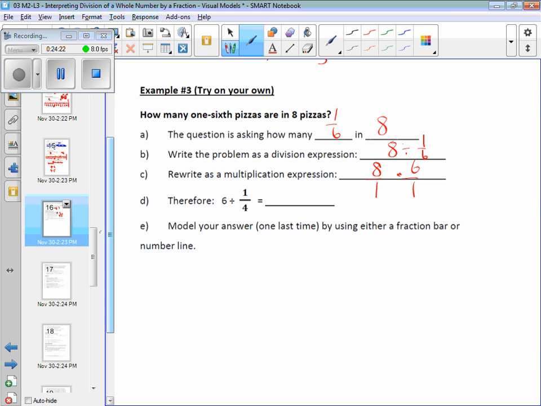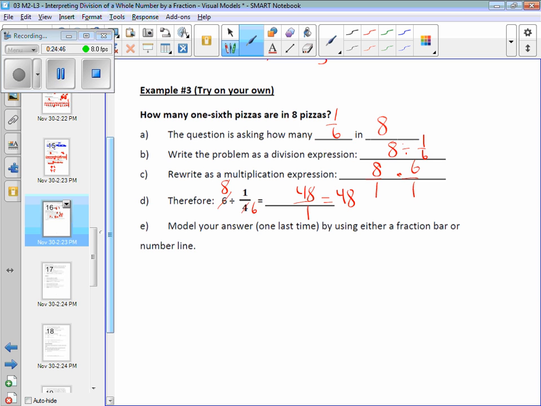There's a typo on my smartboard, but it's correct on your sheet. It should be 8 divided by 1/6, right? Okay. So now just multiply it. What do you get? Even if you want to keep it as an improper fraction, now you can. 48/1, which is equal to 48. And it will work every single time.